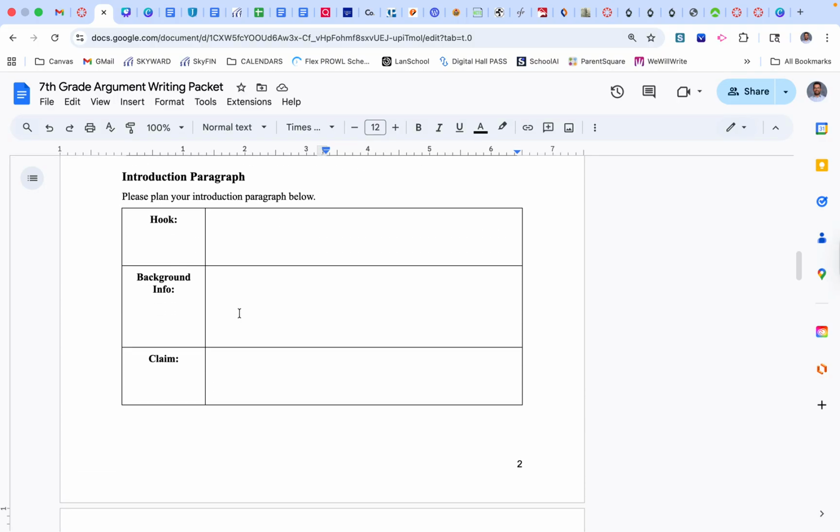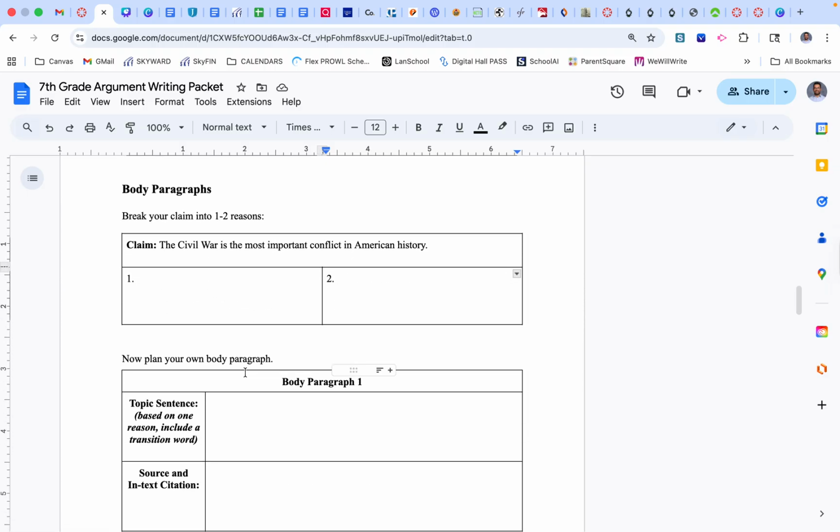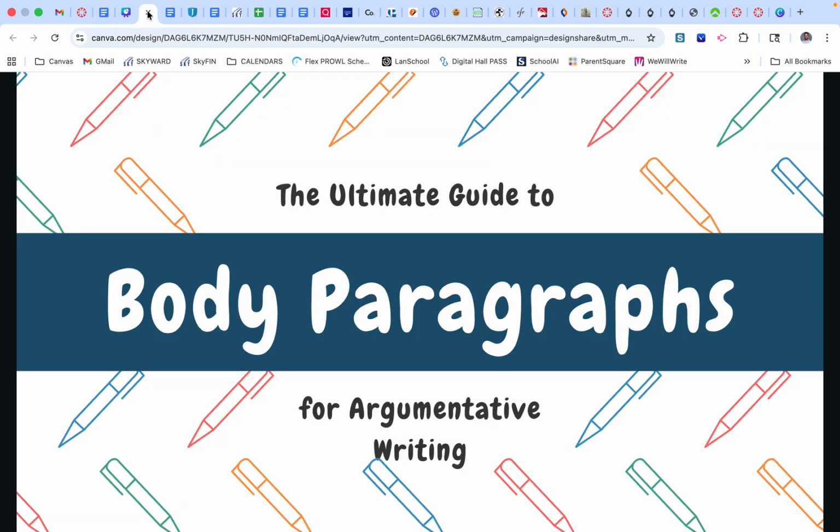Yesterday, you worked on doing a hook, background information, and using your claim in your introduction paragraph. So today, we're going to be on page 3, working on our body paragraphs. All right? So let's get to it.